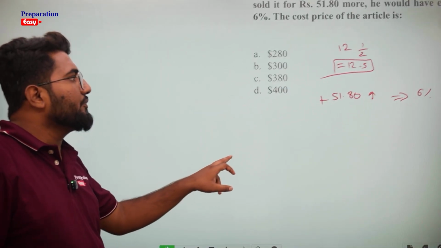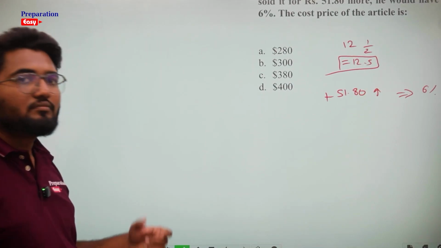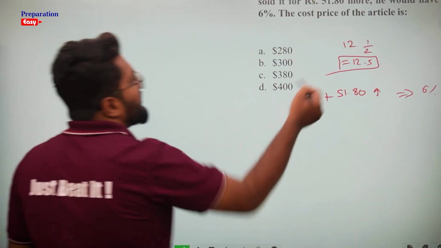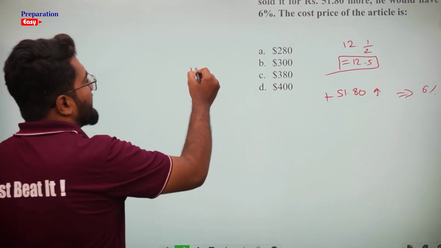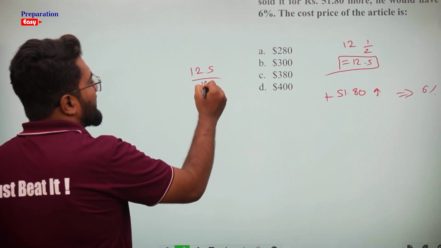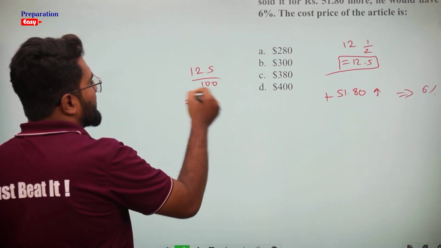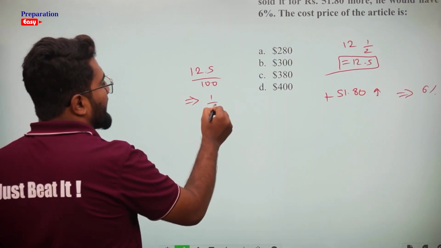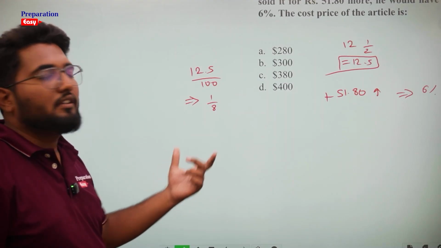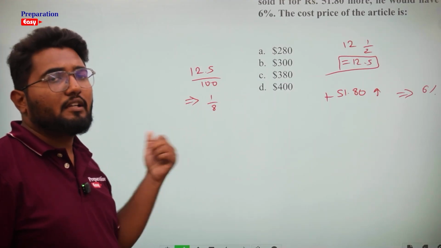Okay, let's find out. First is 12.5%. 12.5 can be written as divided by 100, which will be equal to 1 by 8. So I can write 12.5% as 1 by 8.